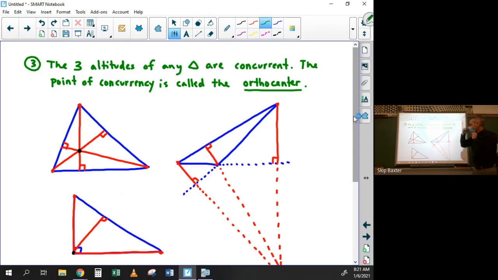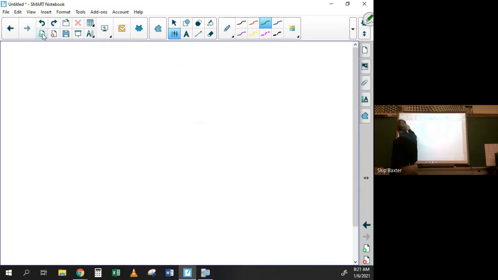All right, so the fourth one, what is the fourth special line segment we talked about yesterday? Medians, yeah, the medians. So what do you think is true about the medians? Well, they're concurrent, definitely, right? And do you think that maybe the point of concurrency has a special name?